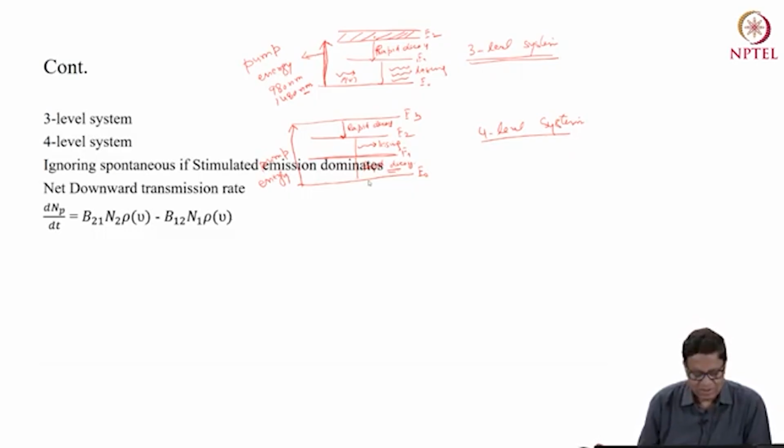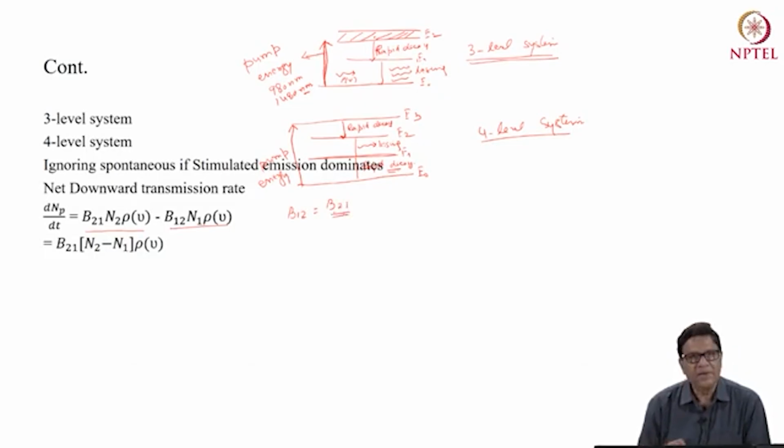So the net downward transition rate, that is the rate of Np, the number of photons generated with respect to time, is minus this. One of them is stimulated, the other is absorption, and we are neglecting the spontaneous emission. And as explained earlier, if you solve those Einstein relations which I gave you in the beginning, then B12 is equal to B21.